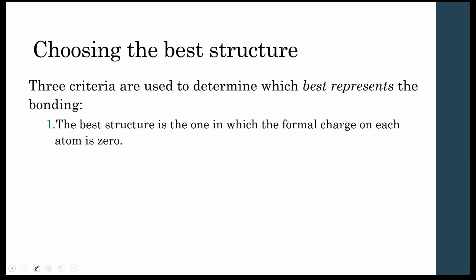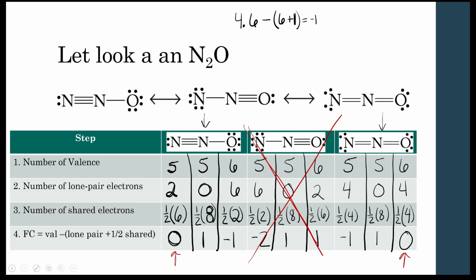So going back to our structure, in this first structure, we've got oxygen with the -1. In this last structure, we've got nitrogen with the -1. So we want that negative value to be on the most electronegative atom. So then you would go to your electronegativity chart, which is something that would be supplied.